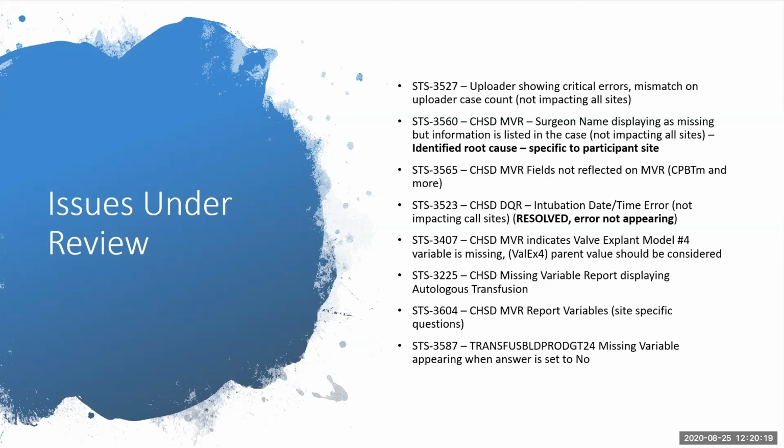And we're also looking into another part of that same report that was saying that the percentage of missing was greater than 100. I think it was showing as 112% missing or something like that. And so that bug is encompassing both the incorrectly displaying denominator for that report, as well as the parent field mismatch for the version 3.3 records to get that aligned. So we are looking into getting that fixed.